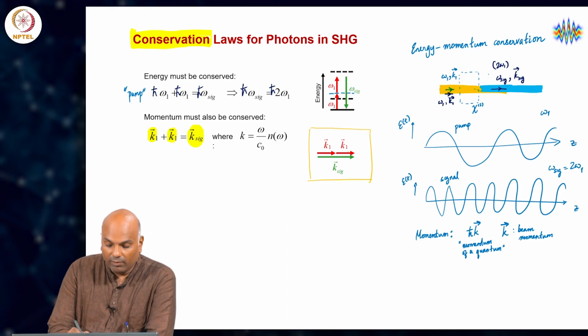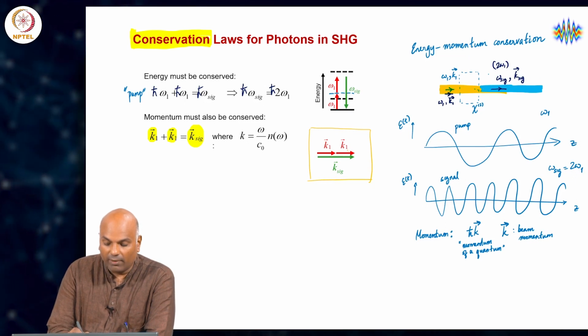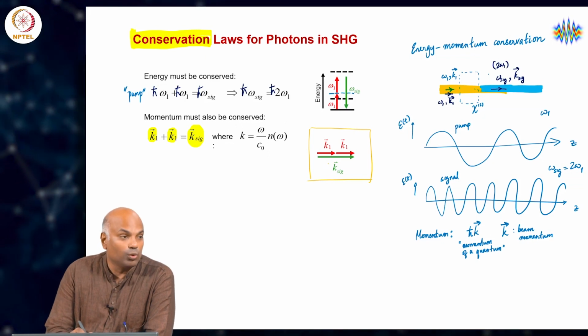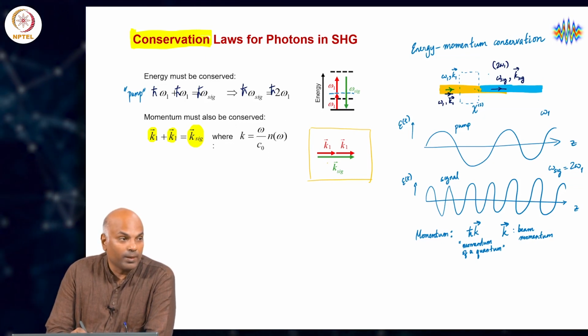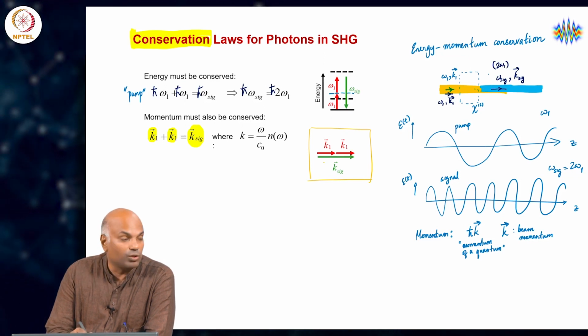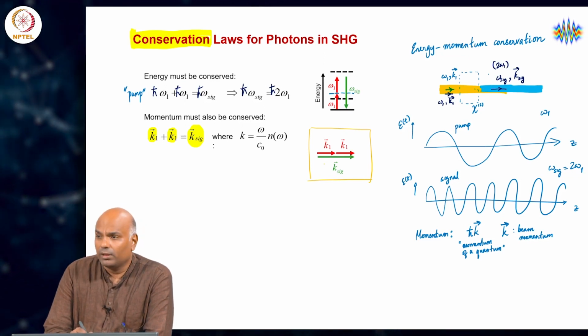If omega 1 and omega 1, that is k 1 and k 1, are collinear and parallel, then k signal has no choice but to have only the component which is parallel to k 1, as is shown here. Agreed? It has no other choice.